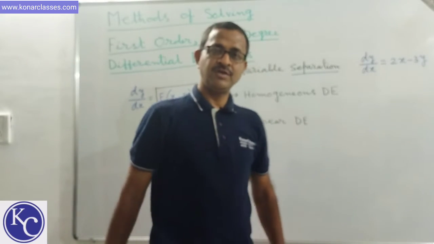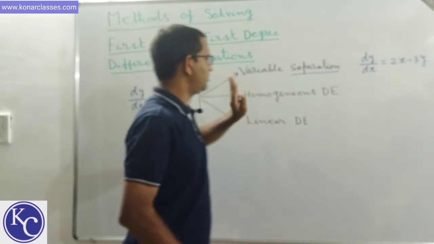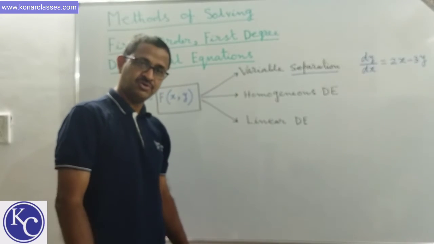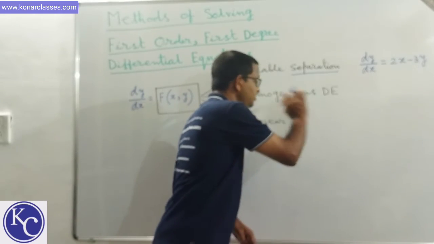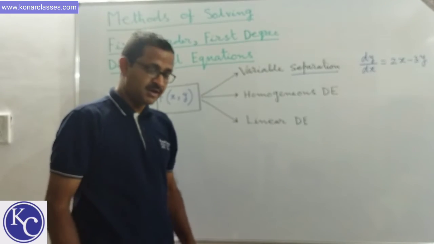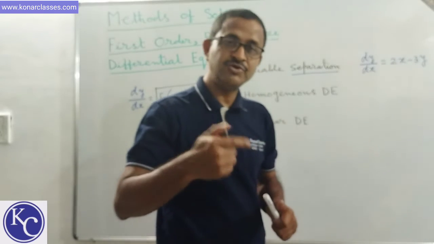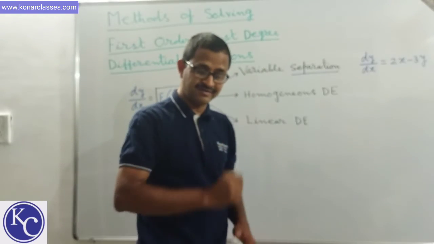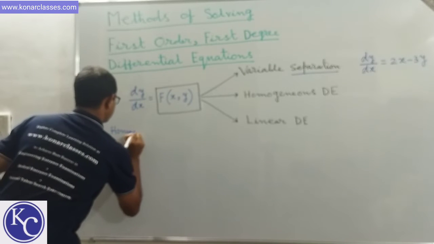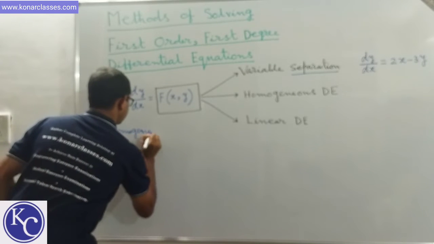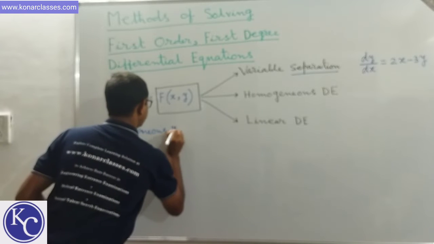So in this type of function we cannot apply the variable separation method. Then how to do it? There is a method called homogeneous differential equation. Before starting that, let us understand what is a homogeneous function.